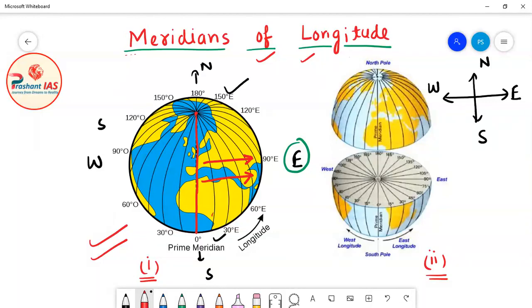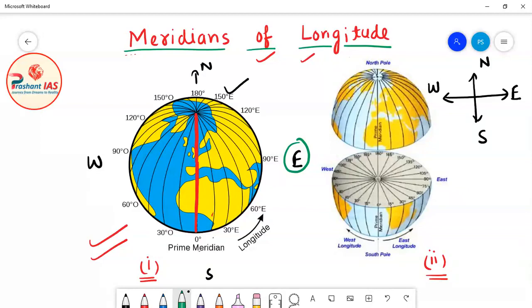Similarly, all those longitudes which are located to the west of the prime meridian are called western longitudes, or western meridians of longitude. Now one by one we will see all the longitudes.